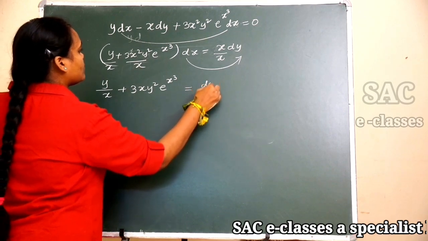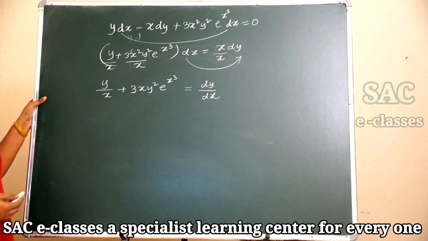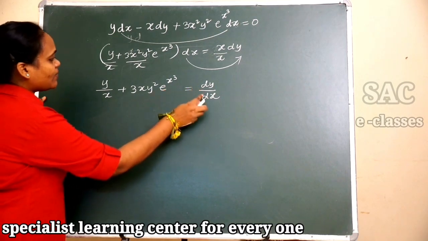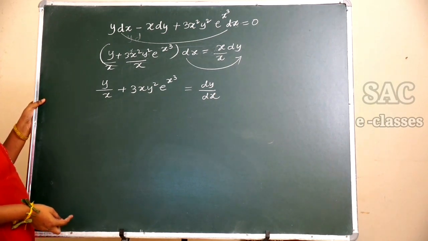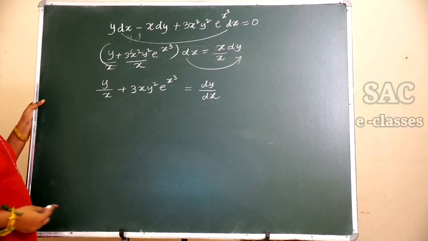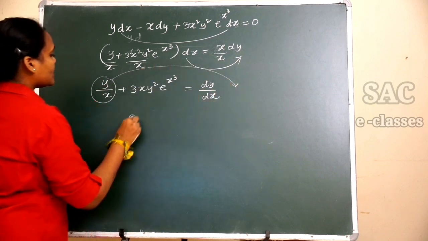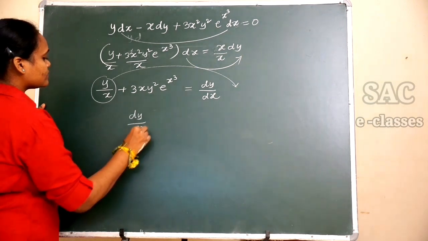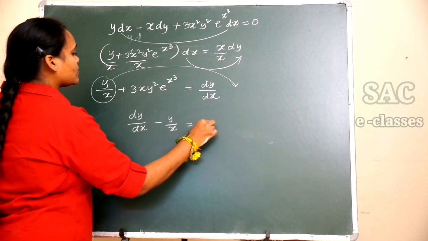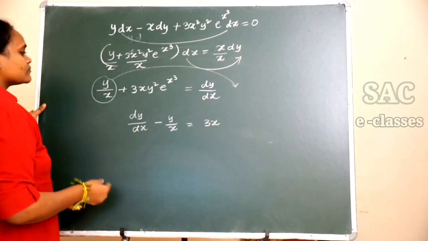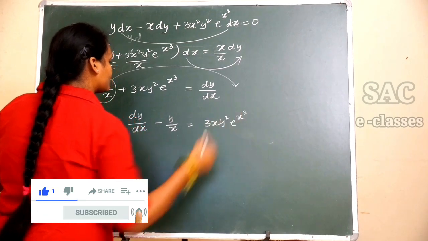I told you already, whenever it is dy by dx and it is not homogeneous, we have to write it in the form dy by dx plus py equal to q of x. So let me take it, dy by dx minus y by x is equal to 3x y square into e power x cube.